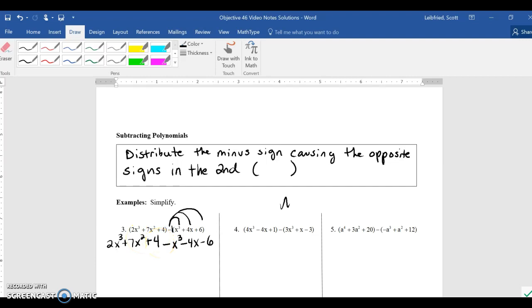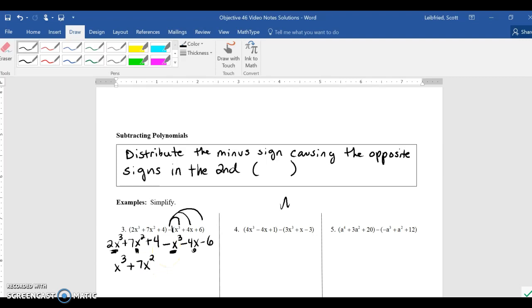And now we're going to combine like terms. So 2x cubed minus x cubed are the like terms. So that gives me 1x cubed, and I don't write 1. 7x squared is not like with anything else. That's plus 7x squared.